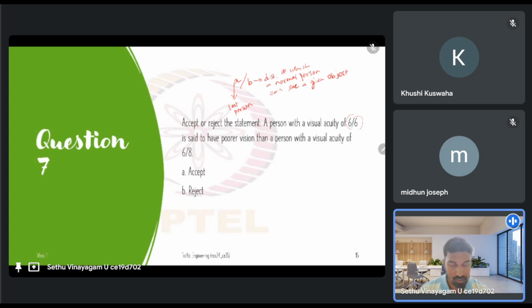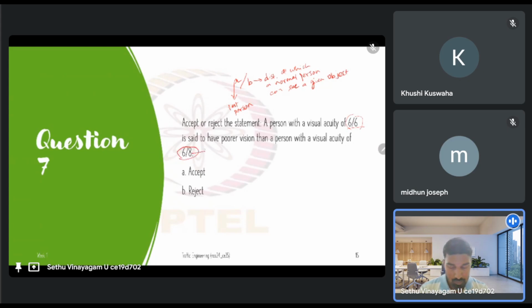So 6 by 6 means a normal person can see the object from a farthest distance of 6 meters, and this test person is also able to see the object from a distance of 6 meters, which means his visual acuity is the same as that of a normal person. So this is a normal vision, 6 out of 6. So 6 by 8 means what?